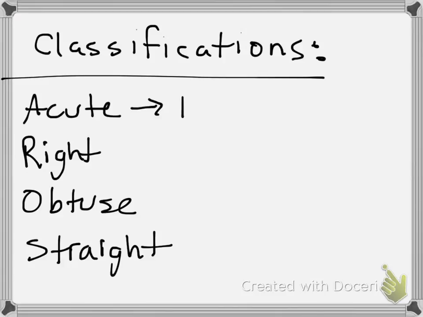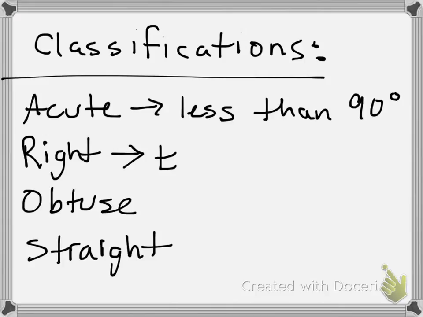Acute means less than 90. A right angle means exactly 90.